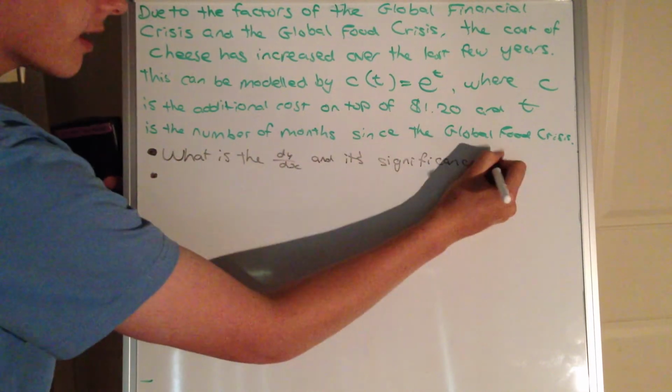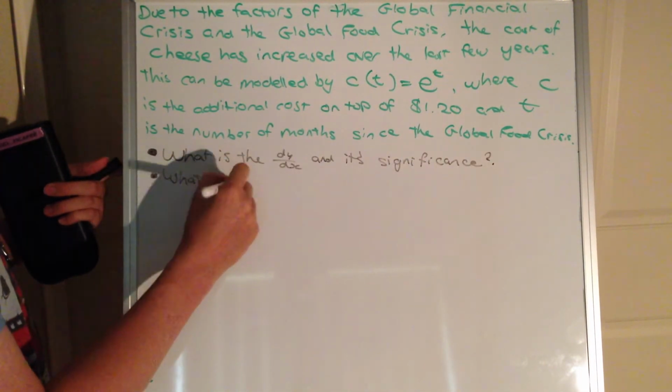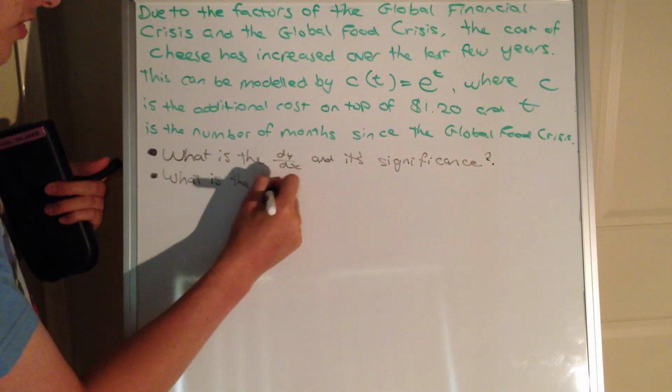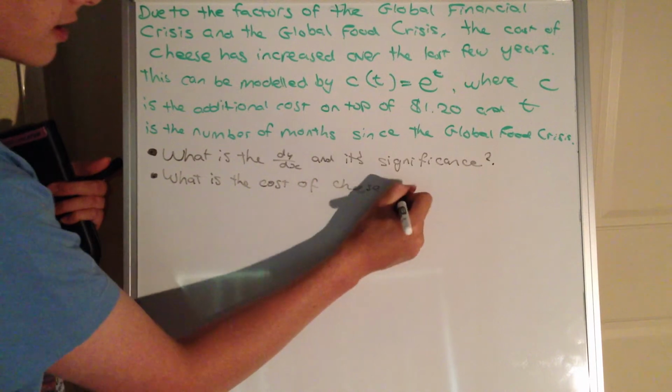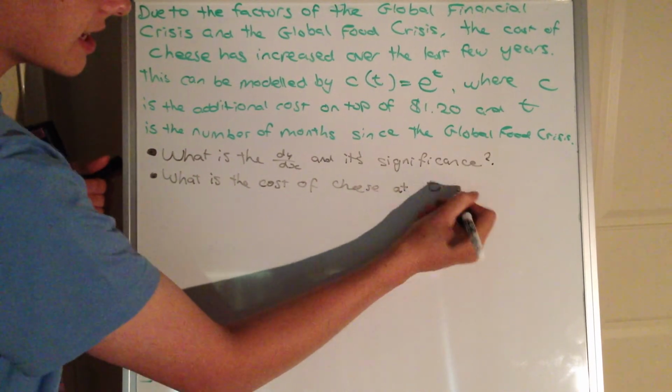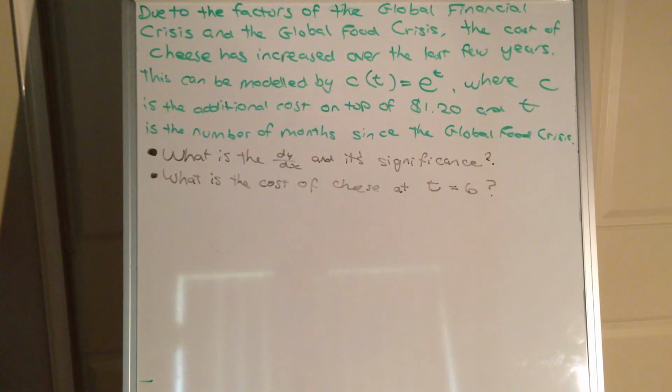And what is the cost of cheese at t equals 6? So again, not too difficult questions for rate of change. Again, this is just an introduction to being able to apply calculus, but there is a fundamental rule that I'll need to go through here as well.